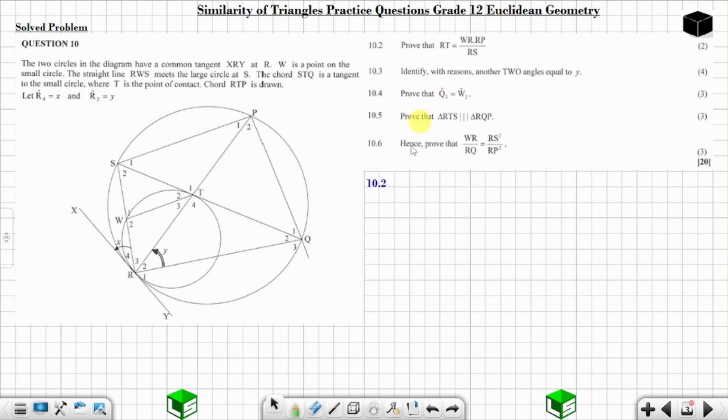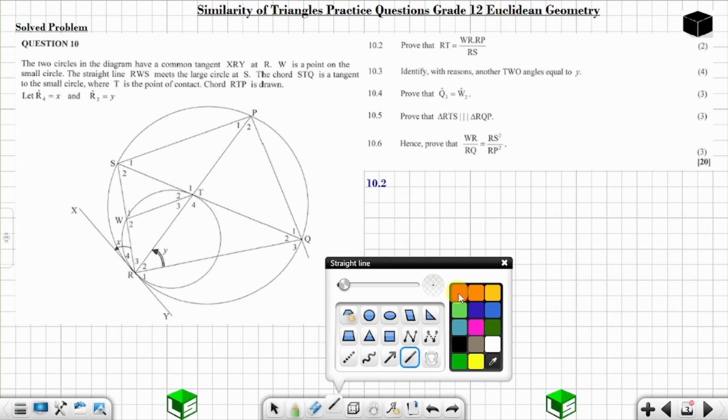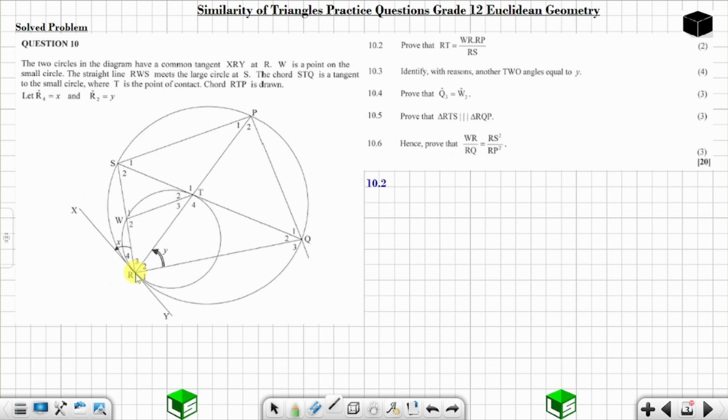So you have RT, and you have WR, and you have RP, and you have RS.